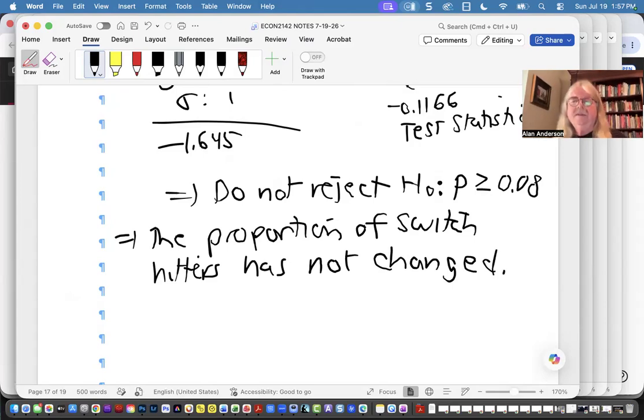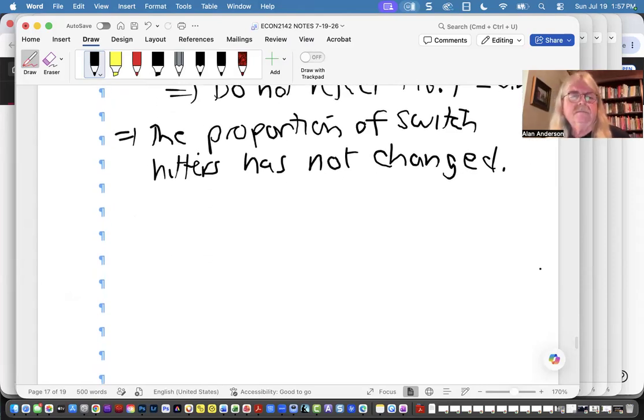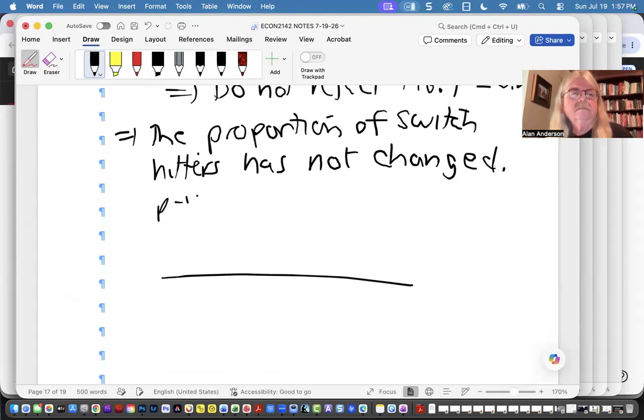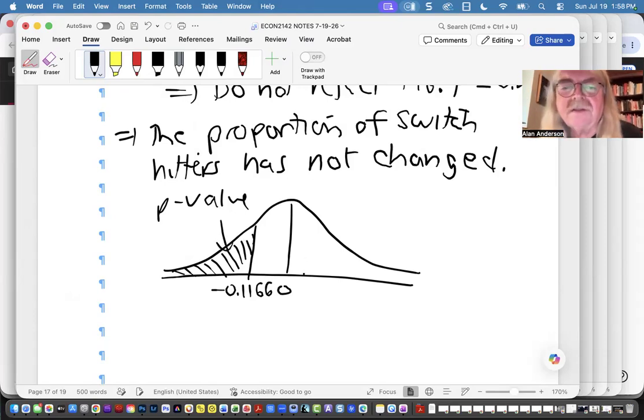All right. And the p-value will be anything more extreme than the test statistic in that left tail.